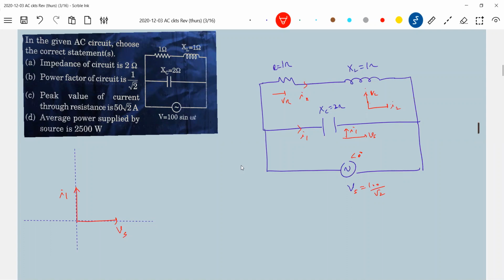If you find it difficult to adjust everything, first get the magnitude. We know that this is 0, so the current will lag the voltage. That phase angle you calculate, XL by R. And that I2 should come here. If you want, you can show it, because there should not be any phase between these two. Keeping that in mind, you cannot write I2 like this. This will be wrong. Am I right?